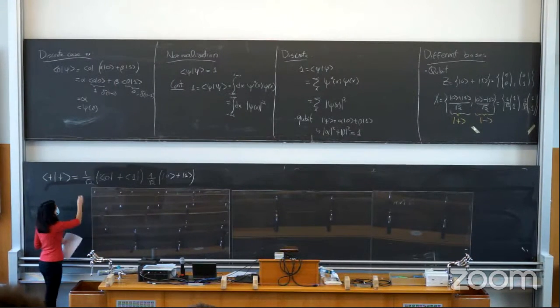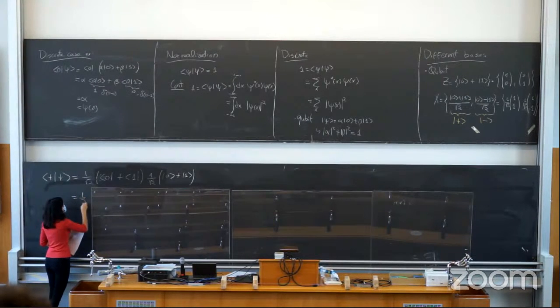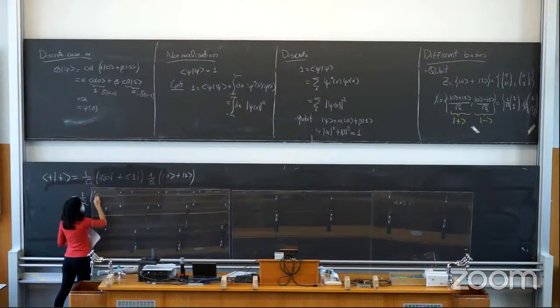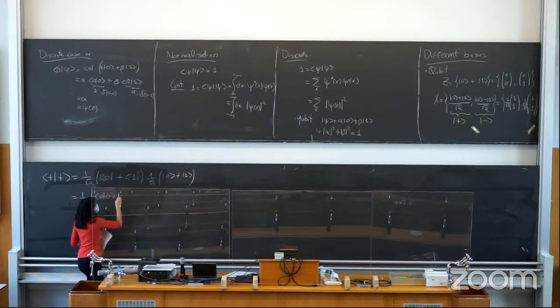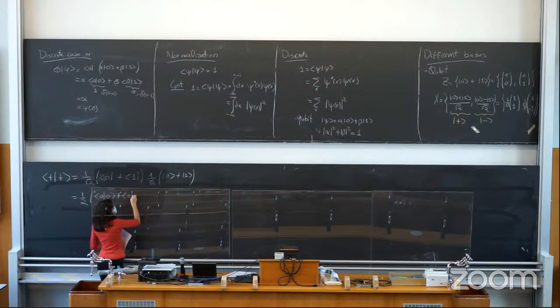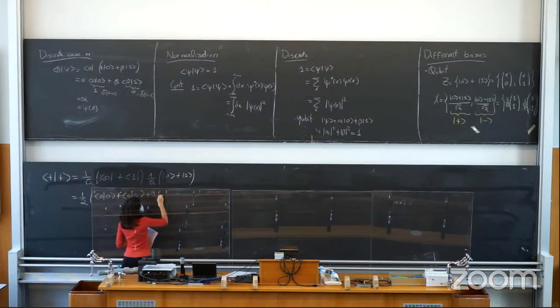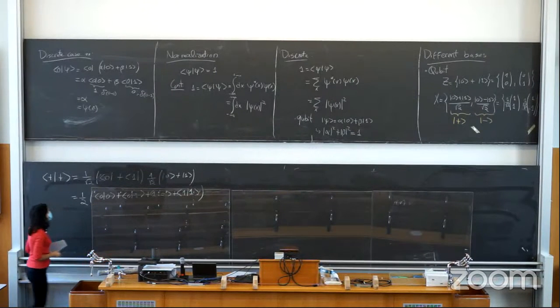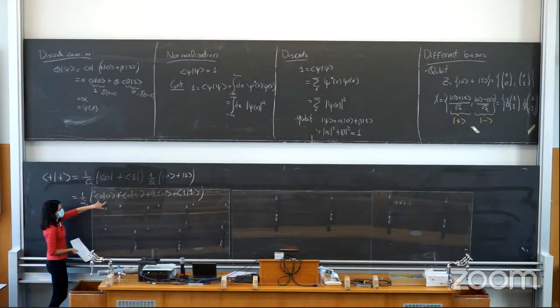And now, it's a beautiful thing about quantum mechanics that everything is linear. So you get these 4 terms: 0, 0 plus 0, 1 plus 1, 0 plus 1, 1.